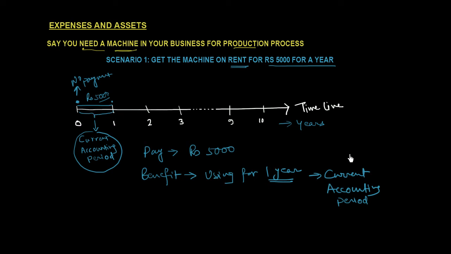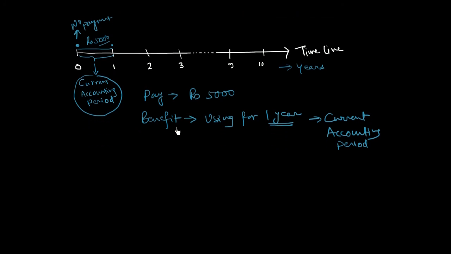This kind of benefit is known as an expense. So an expense is a benefit which you get by paying something, and that benefit is expired or enjoyed within the current accounting period.